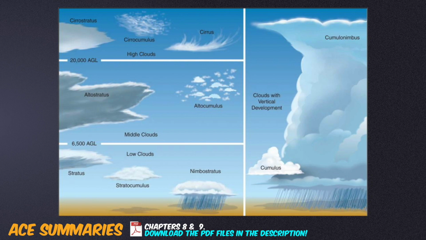Alto, if the cloud base is medium, above 6,500 feet, and no prefix for low-level clouds with bases below 6,500 feet. This means that we can have cirrocumuliform, altostratus, nimbostratus, and altocumulus, and many more. If cumulus clouds are present in the morning, you can expect cumulonimbus later in the day.